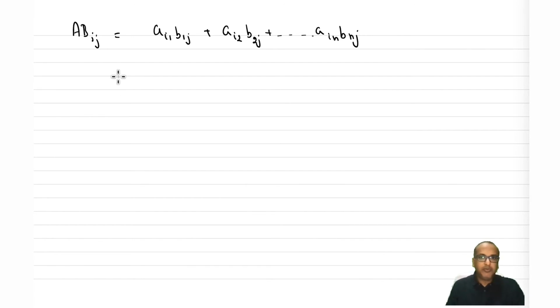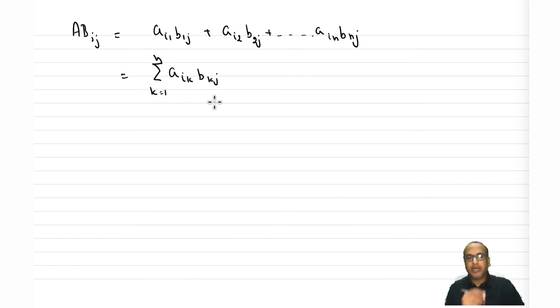This is easy to see. So we can also say that this can be written as AIK BKJ, where K goes from 1 to N, right? We can write it as a summation. This is a general element ABIJ.